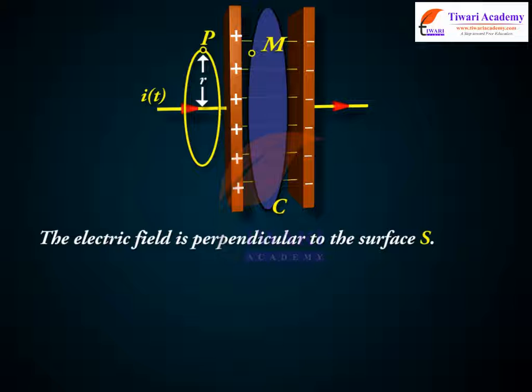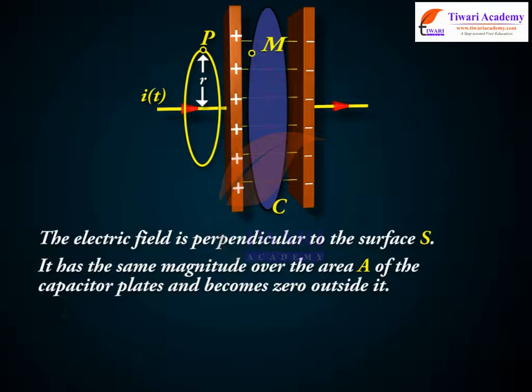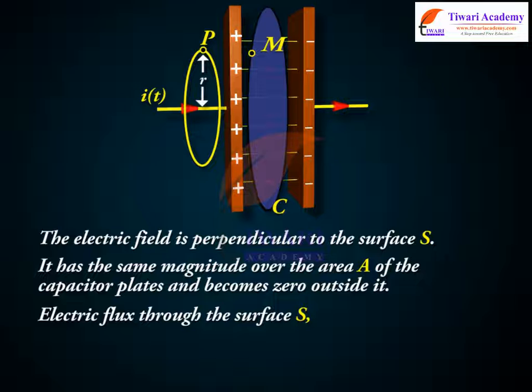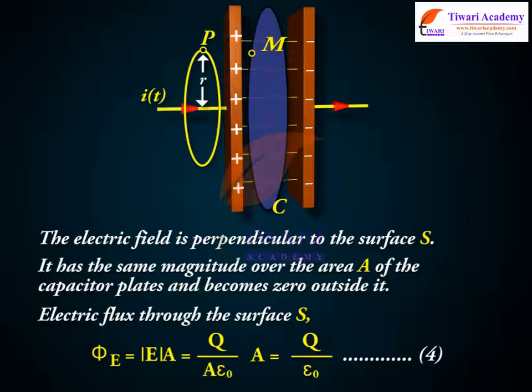The electric field is perpendicular to the surface S. It has the same magnitude over the area A of the capacitor plates and becomes 0 outside it. Electric flux through the surface S, phi E is equal to E A is equal to Q upon A epsilon naught into A is equal to Q upon epsilon naught.